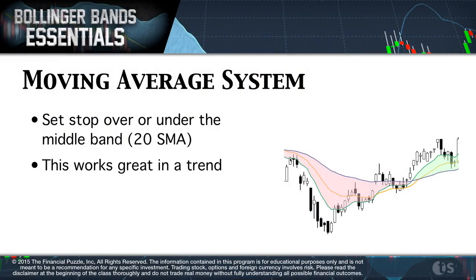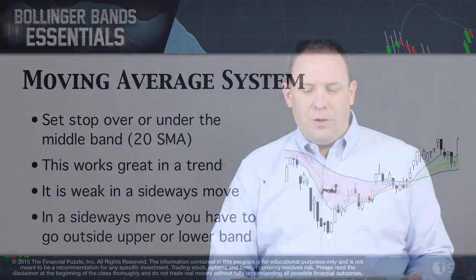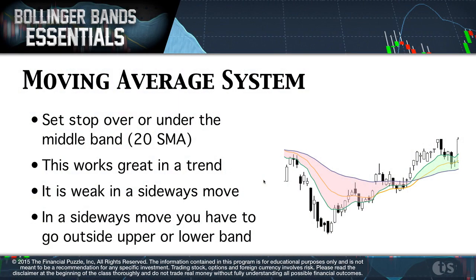Now this works great in a trend. There's one challenge: sideways moves. What do you do in a sideways move? Because that middle band, which is a 20-period moving average, will just be moving right through the middle of the stock, and you'll be getting stopped in and out all the time. Well, to compensate for that, if you're in a sideways move, you're going to have to go to the upper band or the lower band.